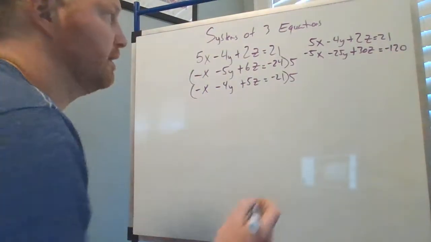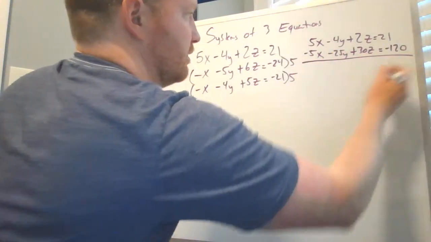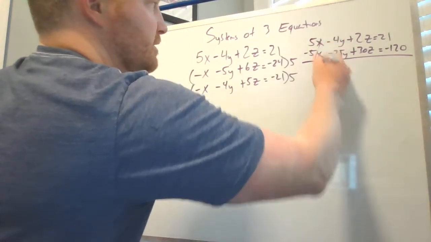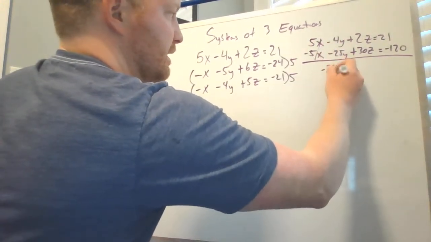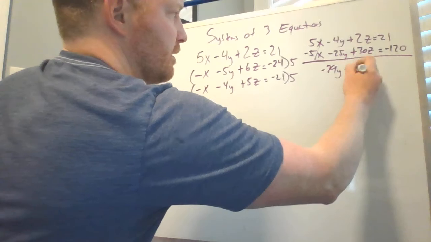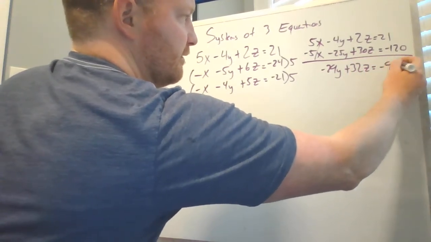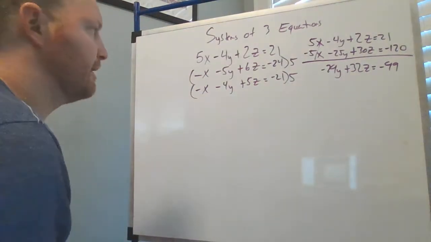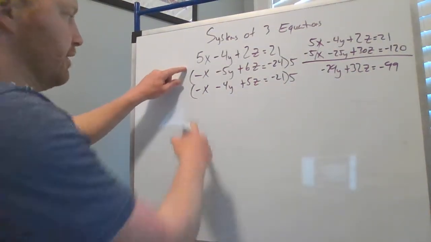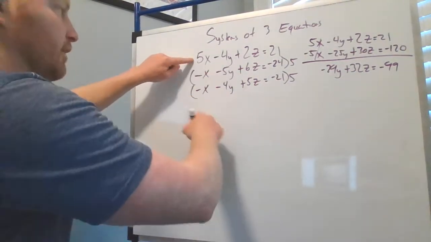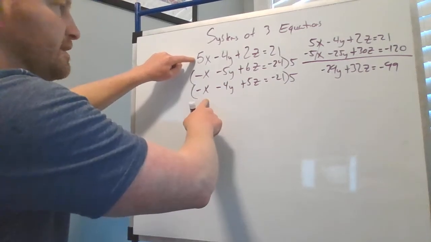So now when I do all my work, all right, I know that these cancel. I'm left with a negative 29y plus 32z equals a negative 99. Okay? Now, going down here, I'm going to do this math and then bring this guy right below it because I'm using this one again to eliminate this x.